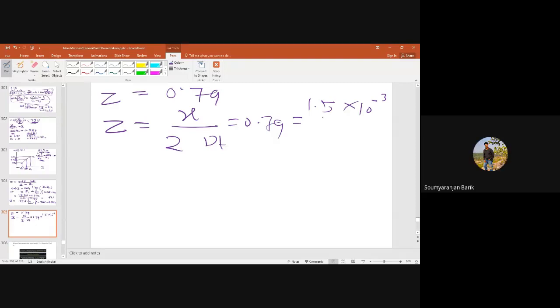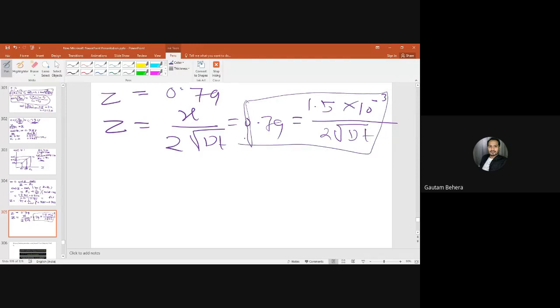Because you have to change the unit, that's why. Then 2 square root of Dt. So up to this we got this one.